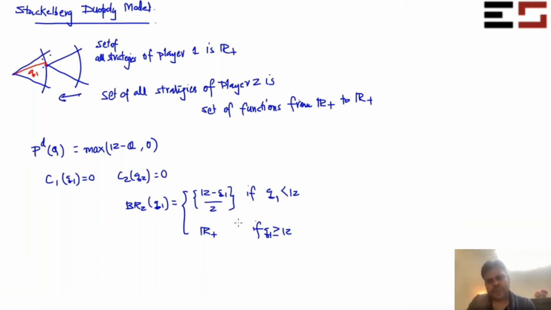Now, you should be a little careful. There is a difference between the strategy and the best response. A strategy is like programming the computer and telling it how to play. If q1 is less than 12, this is okay. But if q1 is greater than or equal to 12, you can't just say play R plus.